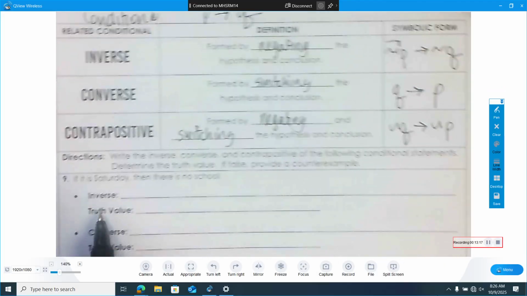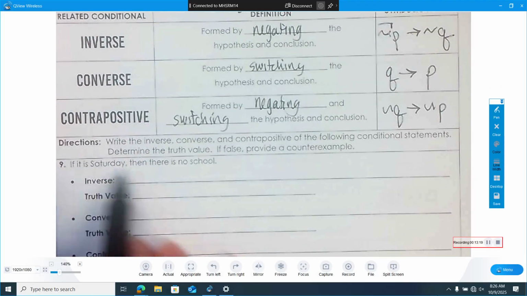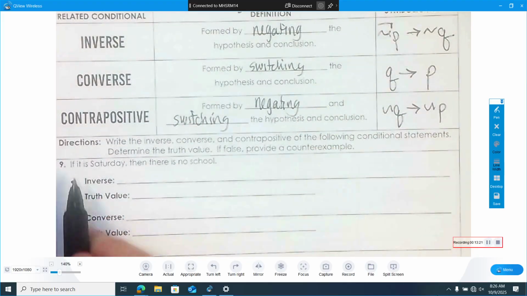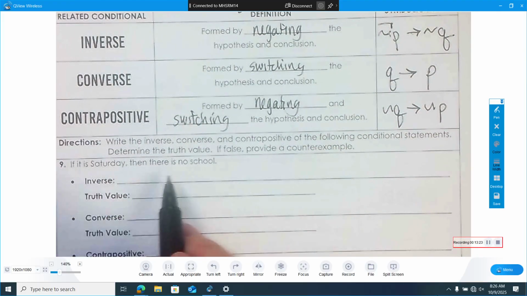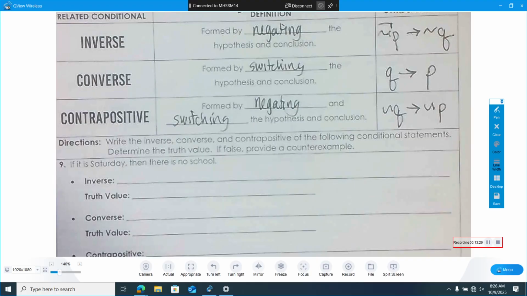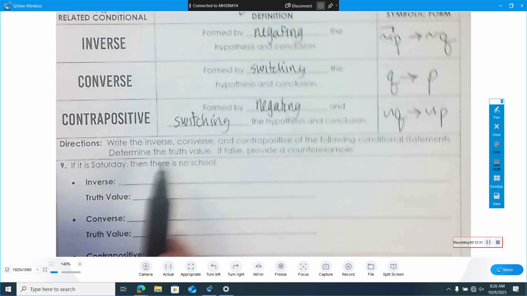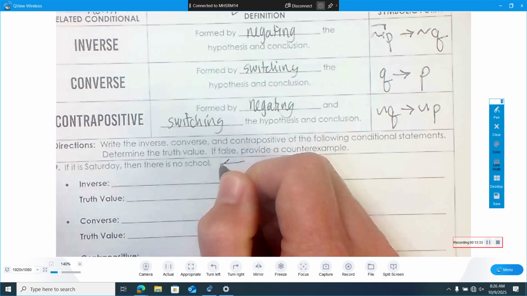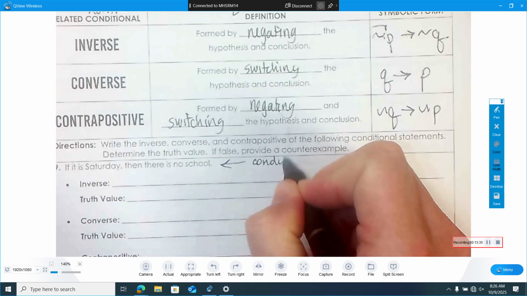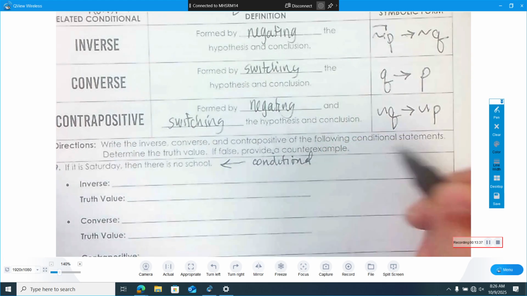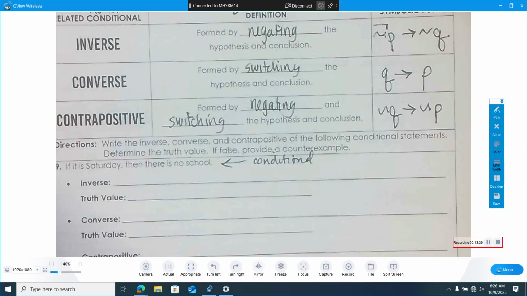All right, let's see what we got here. So here is our conditional statement: if it is Saturday, then there is no school. First of all, is this a conditional statement? How do we know it's a conditional statement? It's got the if-then.